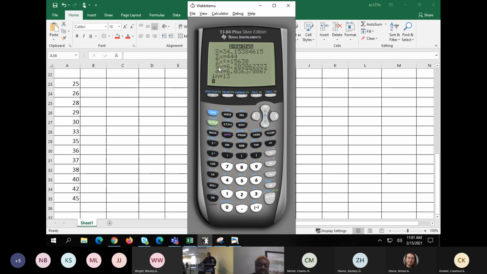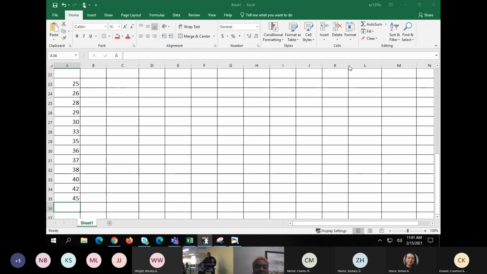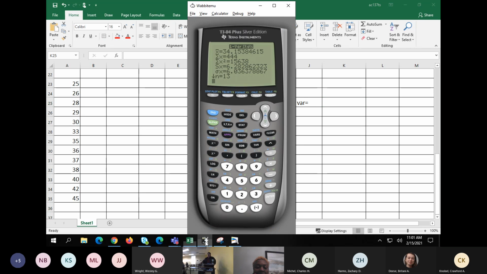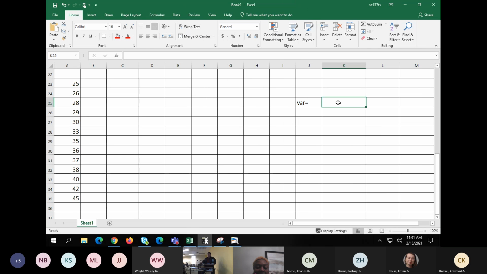Your Sx is 6.283. I need somebody to take 6.283 and raise it to the second power and give me that number. What is 6.283 raised to the second power?